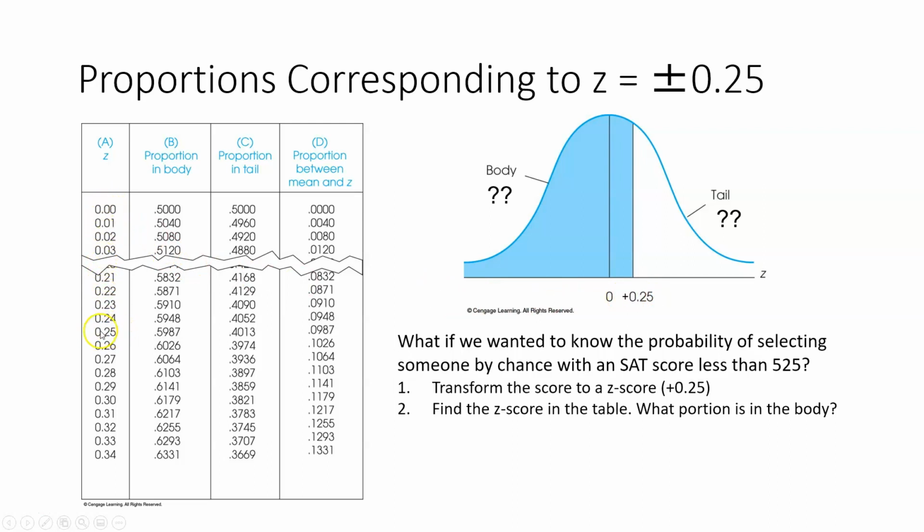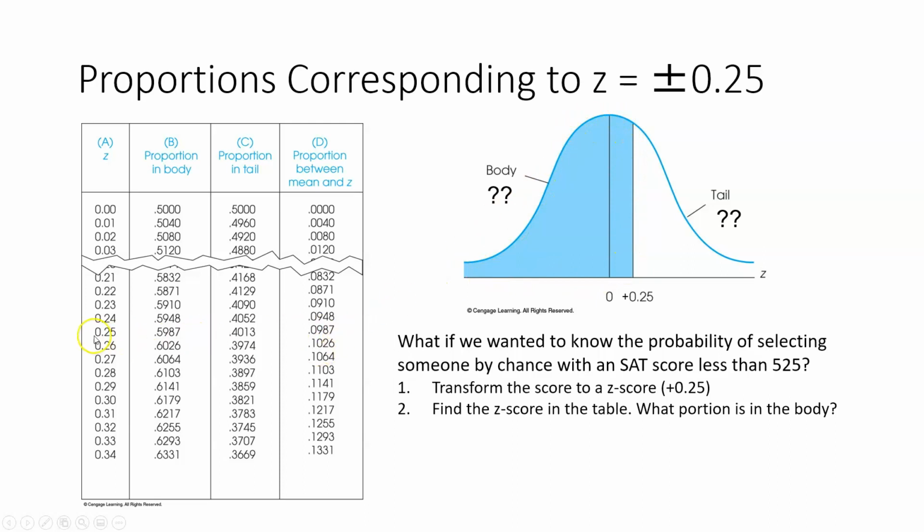Here we find 0.25. Then we have to ask the question, what is the proportion in the body? Because we're asking the question, what is the probability of selecting someone by chance with an SAT score less than 525? So this is the point at which the Z-score falls. This is the proportion of the curve that is less than that Z-score. And this is the body because it's the bulkier, bigger part of the distribution.